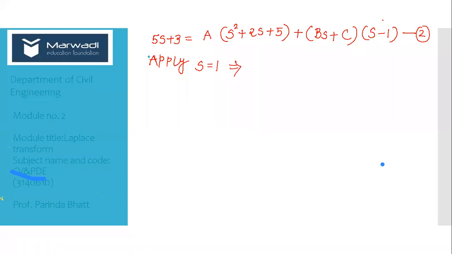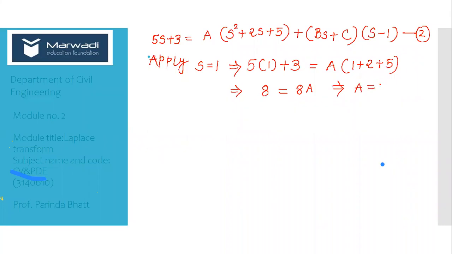Therefore, this term is 0. We are getting the value: 5 into 1 plus 3 equal to a into 1 plus 2 plus 5. Therefore, 8 equal to 8a. So a equal to 1.